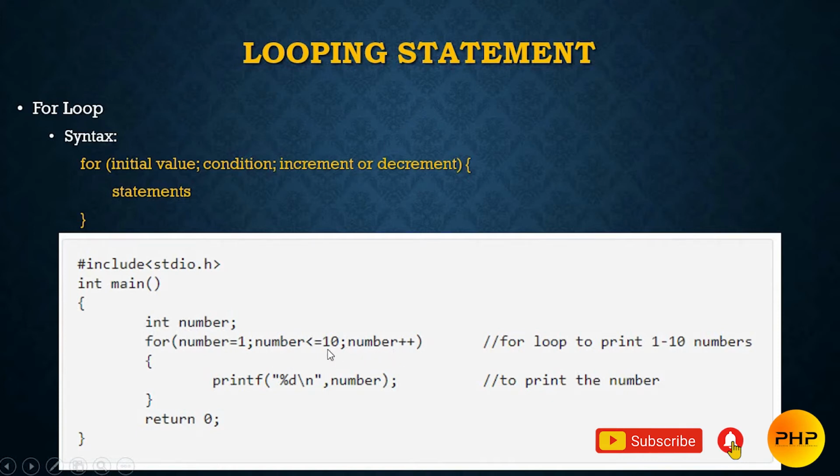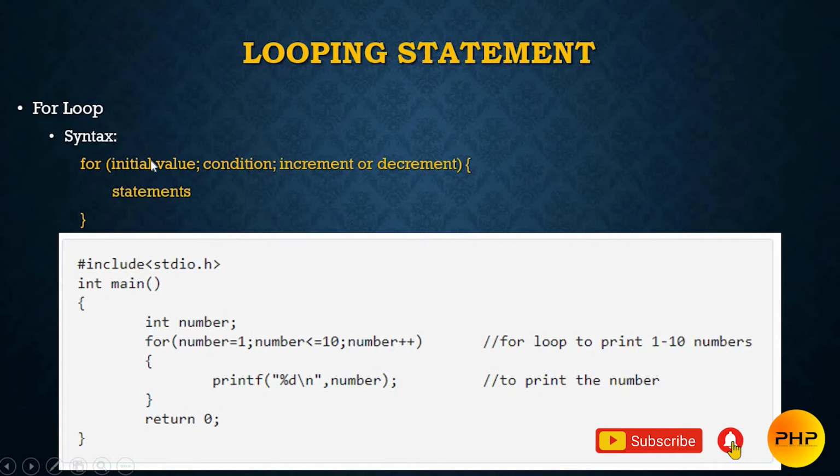So it will keep adding 1. When it meets 10 and tries again, the number becomes 11, which is greater than the 10 here. So the code will not execute; it will break and display your result for you. That is the meaning of this for loop.